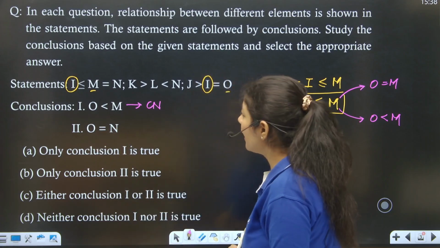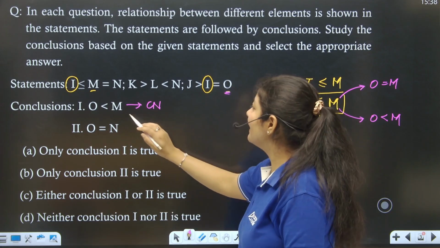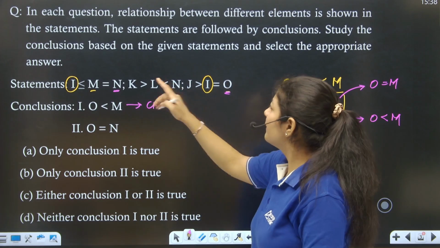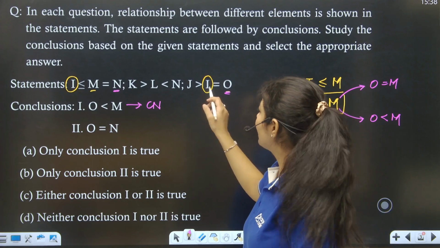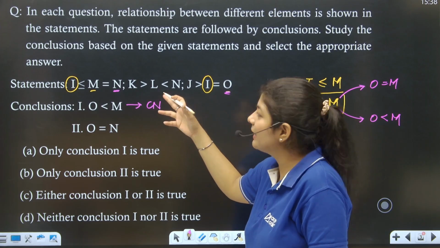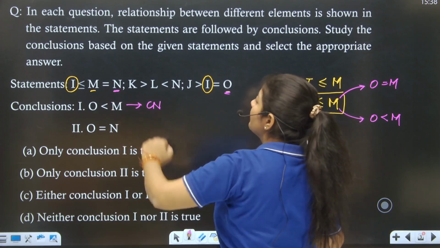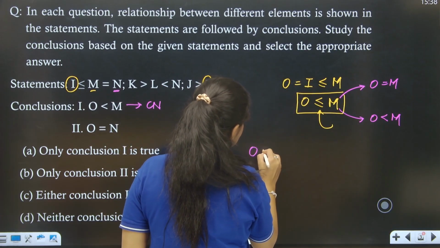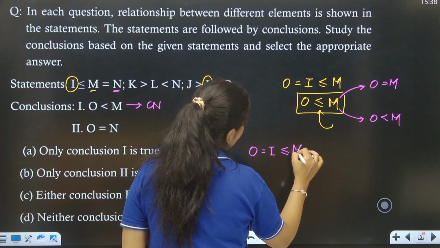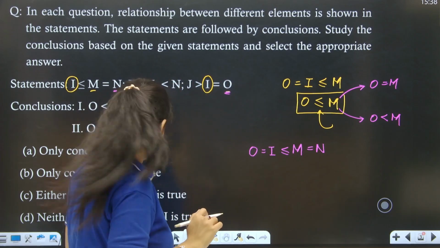Second one. In the second conclusion again we have O, and the second element is N. We can connect them with the help of I again, because in the second statement there is no common element through which we can relate O and N. So from this we can say that O is equal to I is less than or equal to M, and M is equal to N. This is the relation we have here.